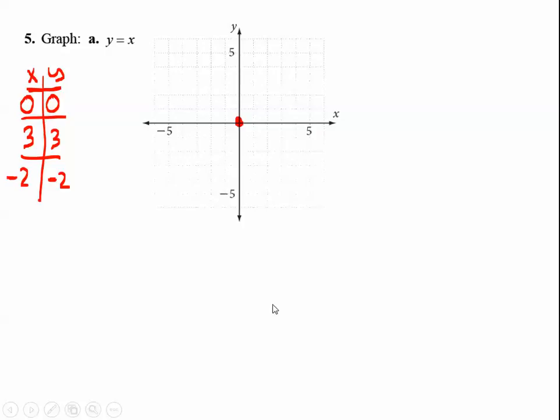But I got (0, 0), (3, 3), (-2, -2), and I have a graph that goes like this. All right, if you want to write something over here, you just write this. You can say through the origin, because that's what this one is. What's so special about this line is it goes through the origin.